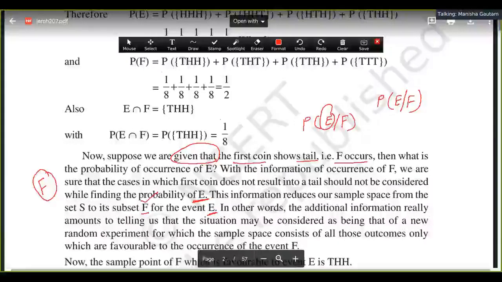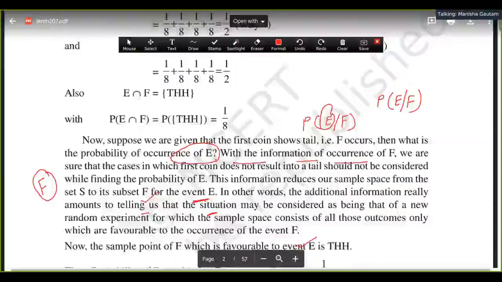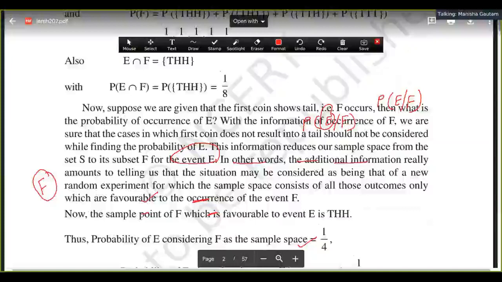In other words, the additional information really amounts to telling us that the situation may be considered as a new random experiment for which the sample space consists of only those outcomes which are favorable to the occurrence of F. If you take F as the sample space and want to calculate the occurrence of E, only one element can be considered, that is the common part, THH.